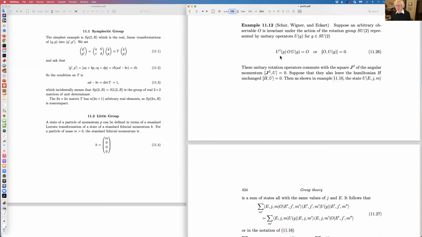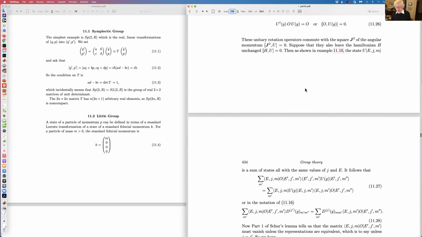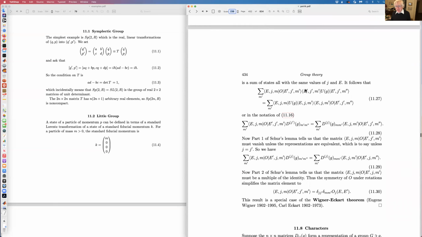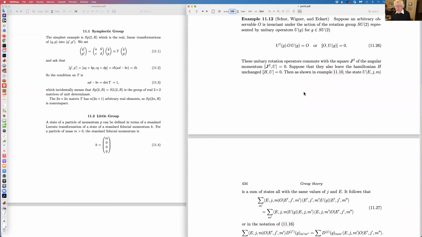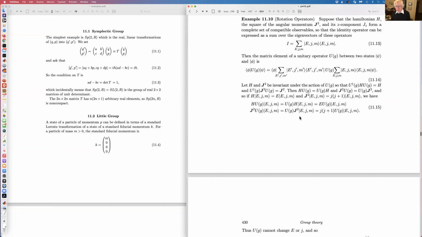example. So suppose we have an observable that's invariant under some unitary operator U of G. And suppose that these commute with J squared and with H. In other words, they're rotation operators. And so then if we go back to this example where we were, let me just jump back to it for a second.